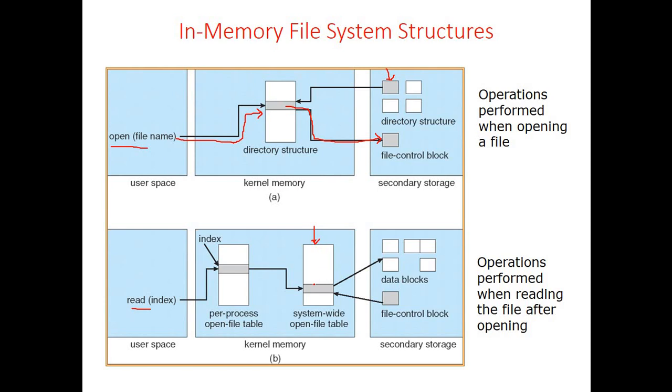So in that case, if the file is already in the system-wide open file table, then the per-process open file table will make an entry pointing to the system-wide open file table corresponding to that particular file. The system-wide open file table generally will have the information of the file control block, which in turn will have the address of the data blocks where the file is actually stored.